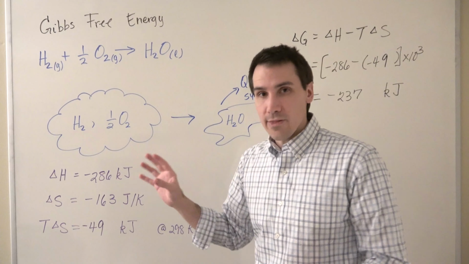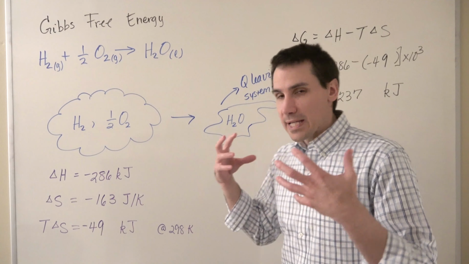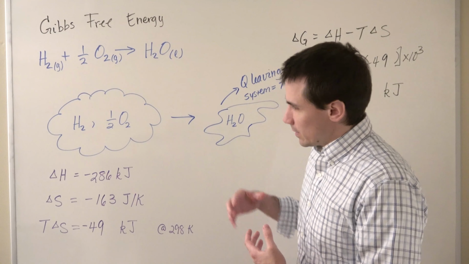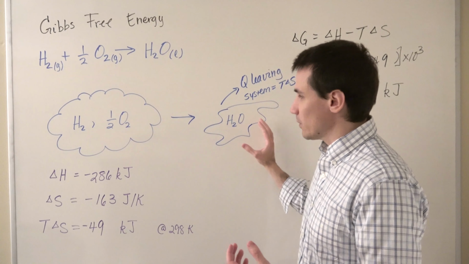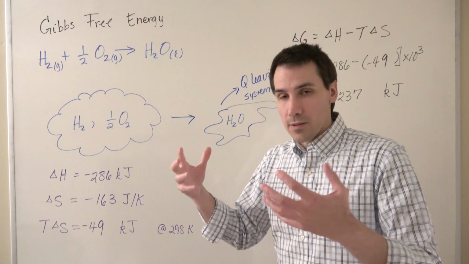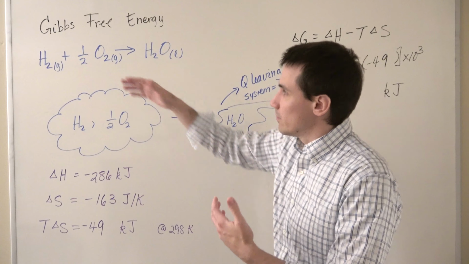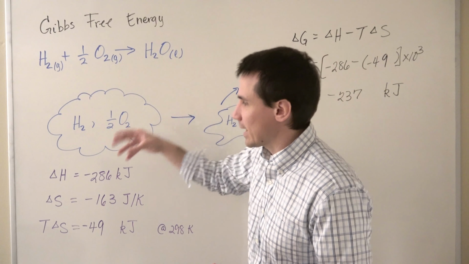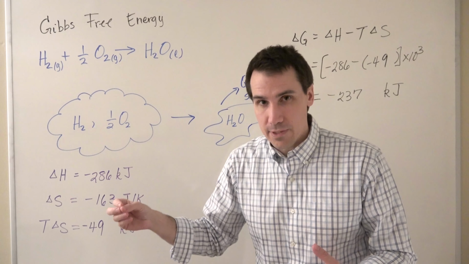So the change in enthalpy of the system is basically the sum of those two energies. And in this case, we have a gas going to a liquid. We have a release of energy from the molecules as they bond together. And we have energy being added into the system as it is collapsed.